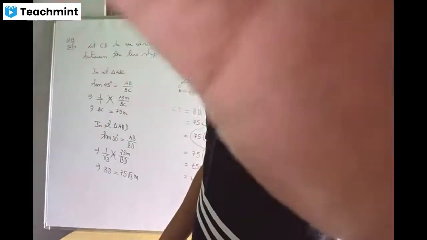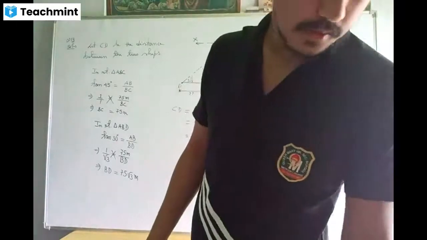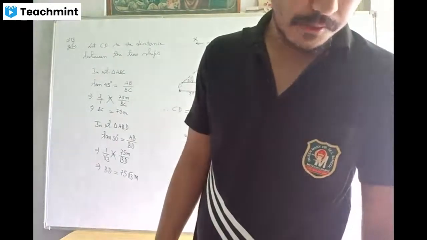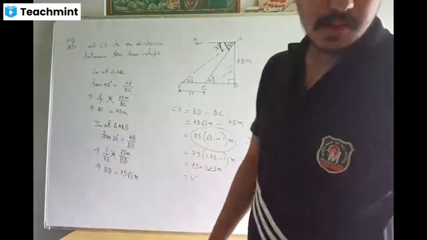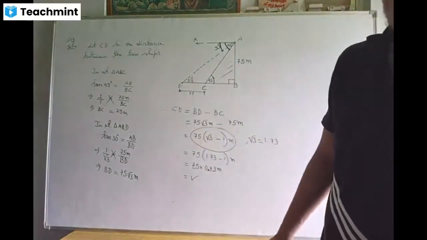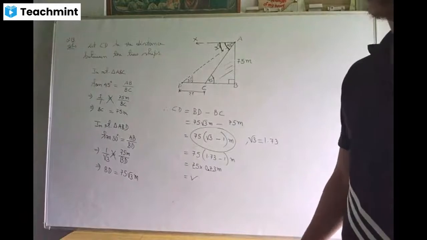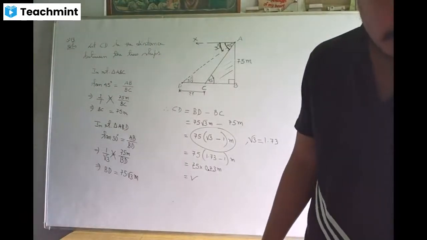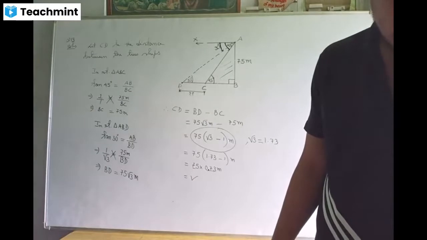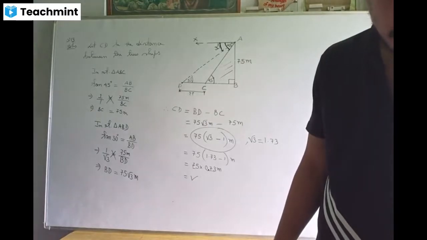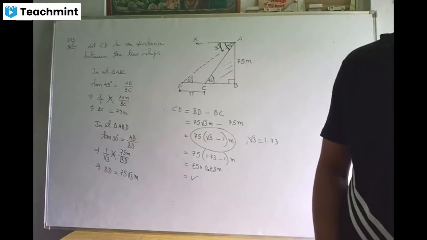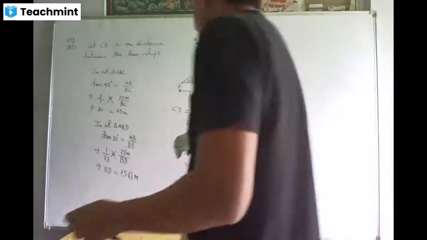So if you're done, we'll be moving on with the next question, that is question number 14. A figure has been provided in the question as well. One of the most difficult questions of this exercise is question number 14.